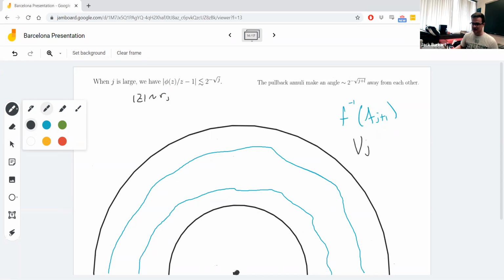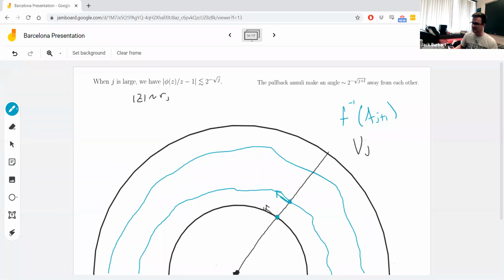What do I mean by this? If I take the origin right here and draw a ray through the origin, I can look at the tangent vector that hits this inner boundary component, and I can look at the tangent vector on the inner boundary of the pullback of Aj plus 1. It's going to be an analytic curve, so it's going to have a tangent, because F pulls things back like a covering map.